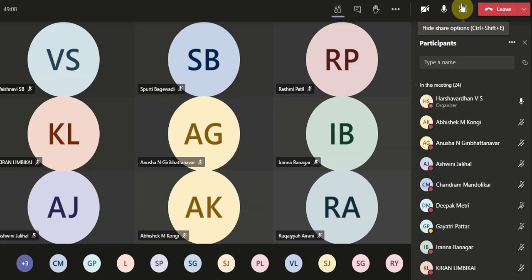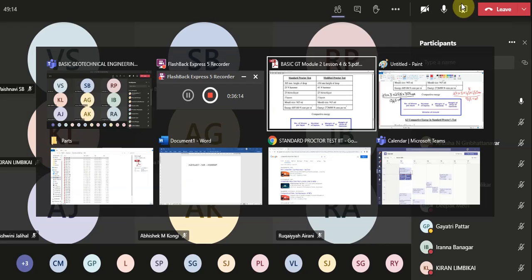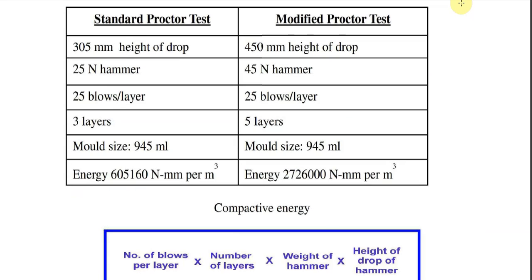In standard Proctor test, we are compacting the soil in three layers. In modified Proctor test, we are compacting the soil in five layers. The height from which the rammer is dropped is 305 mm in standard Proctor test. It is 450 mm in modified Proctor test.